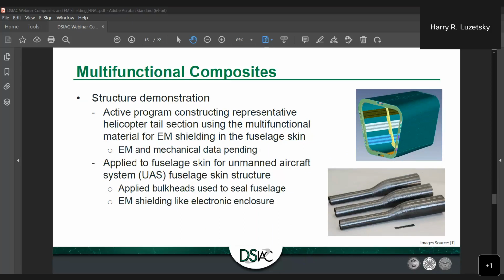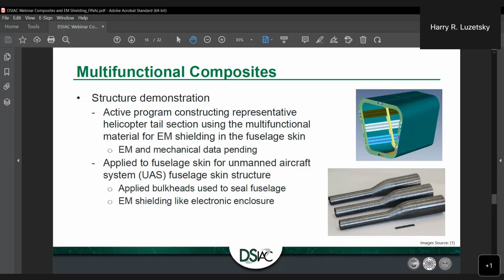And the skin itself uses the multifunctional material to provide electromagnetic shielding, while the other elements in there, which are typical structural elements, happen to be of the resin system. They are fabricated separately, and in a winding process, the outer skin is wrapped around a tool in which these other pieces are inset, and as such, the skin is then fused to these components.